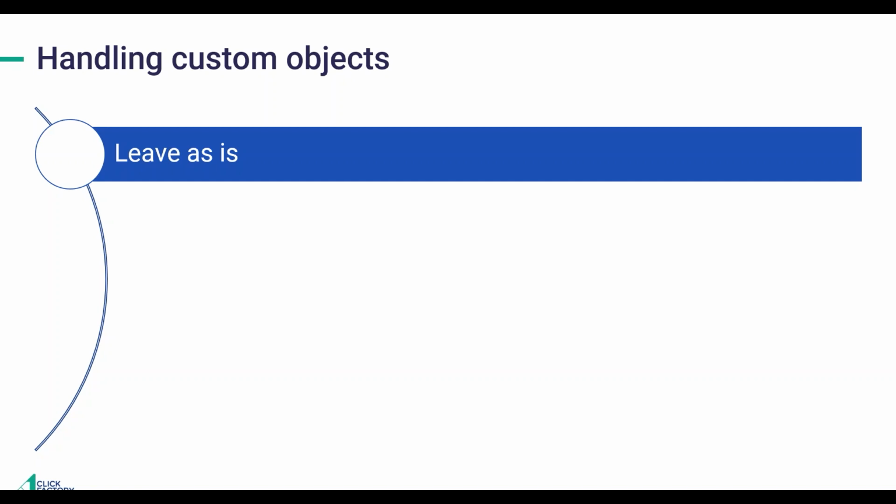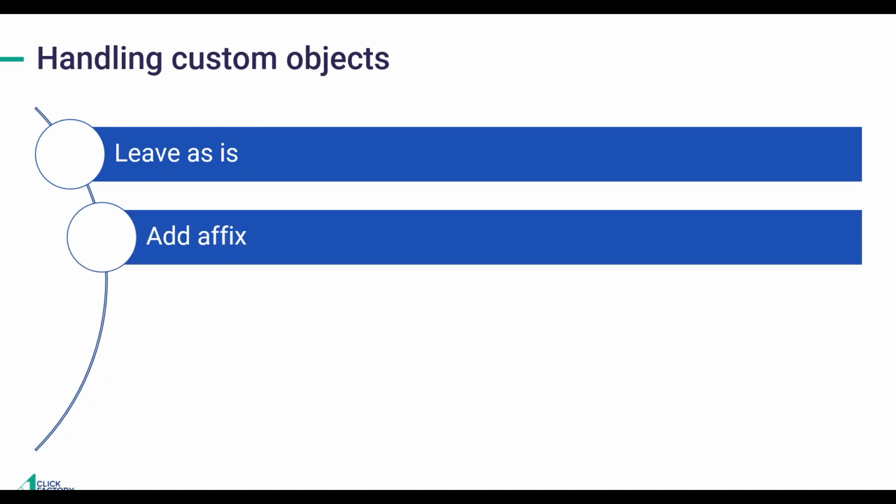again, you don't have to do anything in particular, although there are some things that you could do that would make your life easier after you convert everything to AL. One of the major things is add an affix.